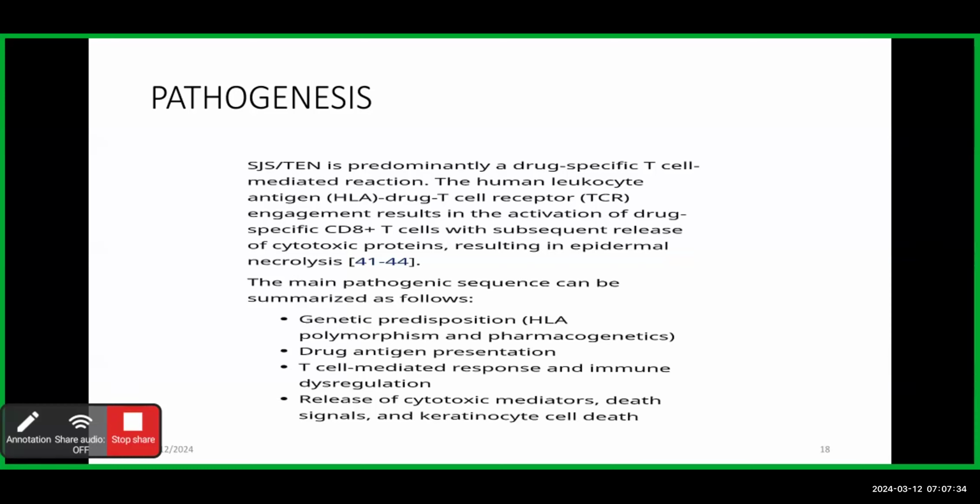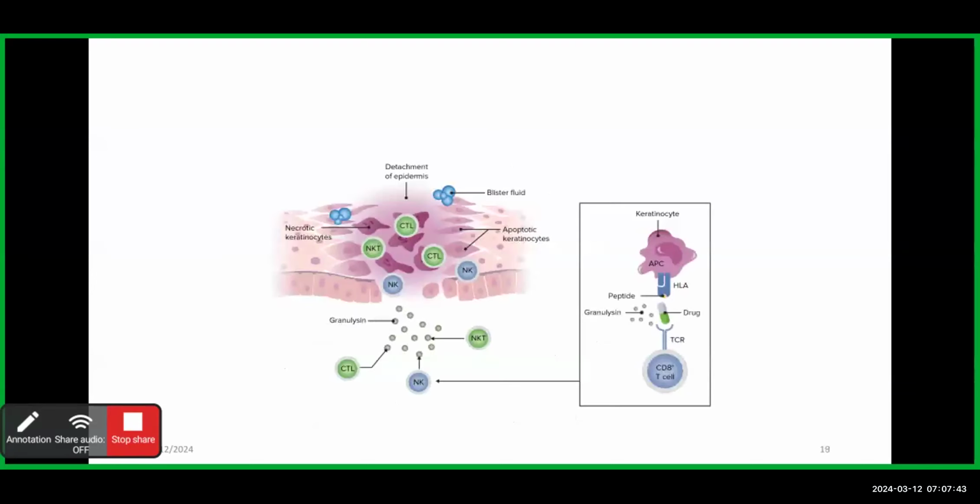So the summary is just that, okay, a patient that is genetically predisposed to it is exposed to the drug, which serves as the antigen, binds to the T-cell receptors and releases the cytokines. So this is just to summarize what I just explained.